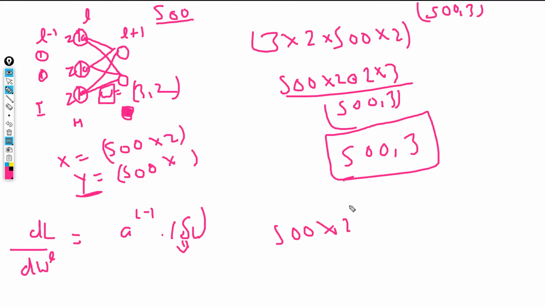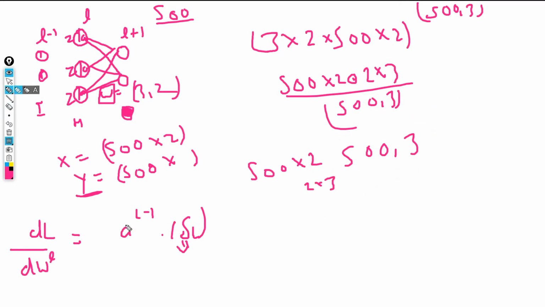Now if we want to multiply them together, 500 times 2 and 500 times 3, we can take a transpose on this, so it will be 3 times 500, or no, we cannot do this, sorry. I made a mistake.